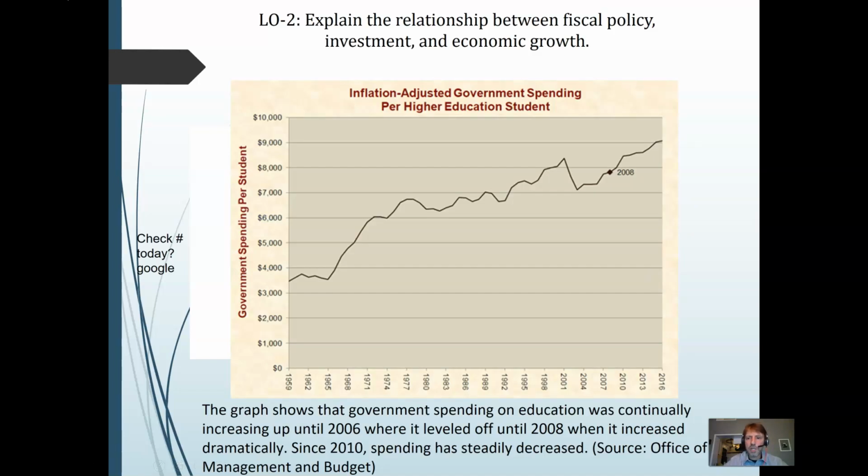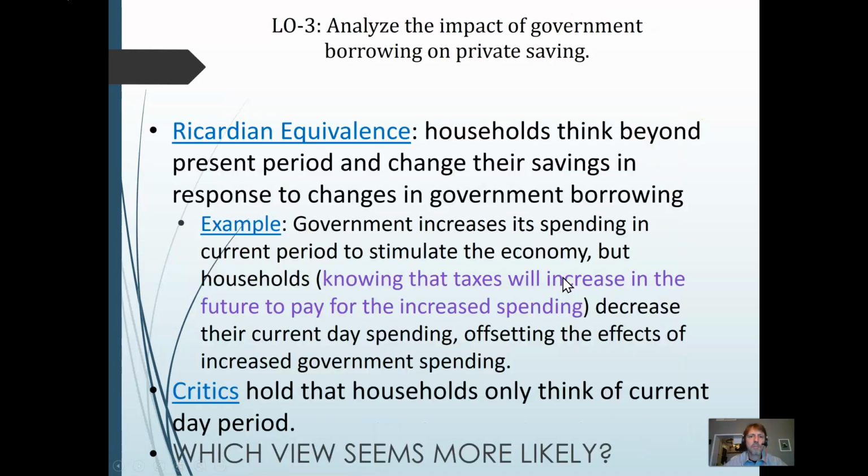So here's just a picture from 2016: the inflation adjusted government spending per student in higher education. Government used to spend about $3,500 per student back around 1960, up to over $9,000 per student in 2016, and that number has steadily increased.